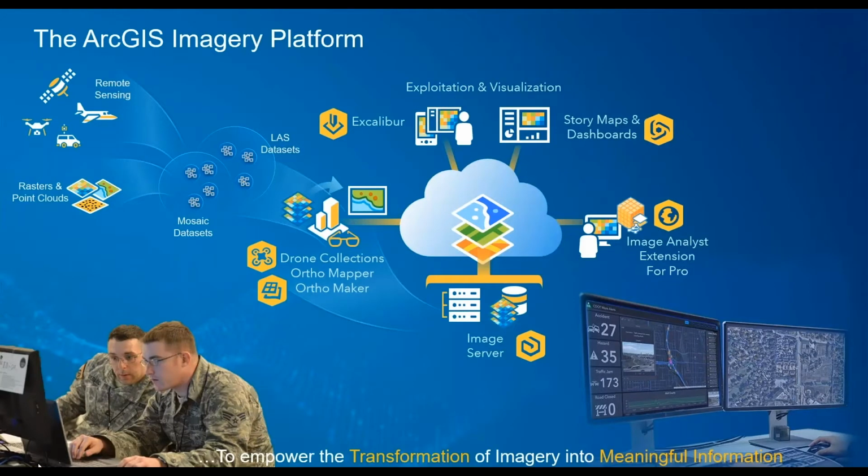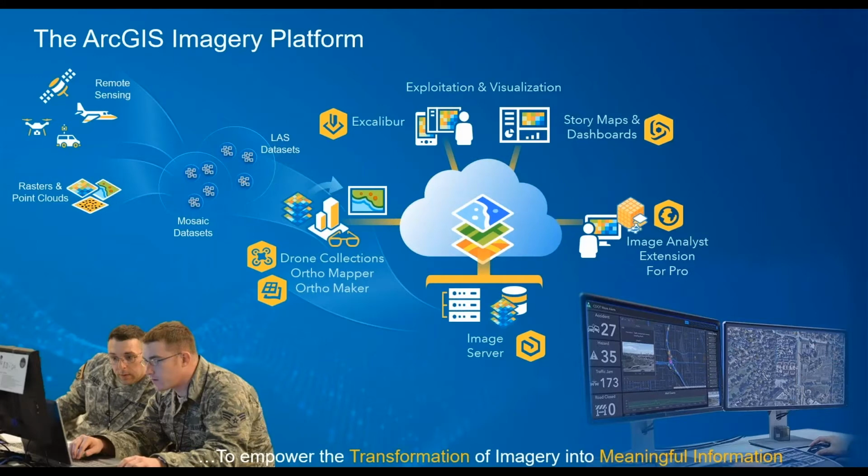This is how it shapes up from a product standpoint, and you can see the different components that were used to actually give Chris's demo. From bringing the imagery in on the left, making it ortho-correct, then sharing it out in a server-based infrastructure, whether that be cloud or on-premise, and then being able to use the Excalibur tools to exploit that.